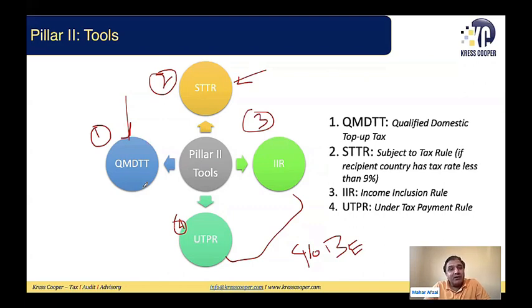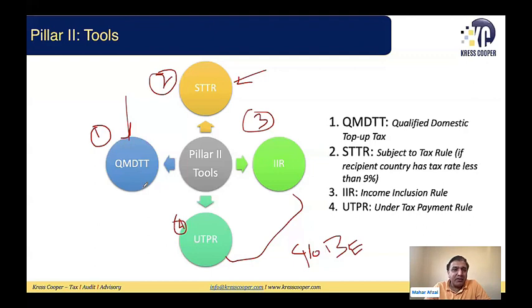Now the second comes, the subject to tax rules. These are treaty-based rules. Suppose this is one company in UAE, and this company is giving services to KSA.